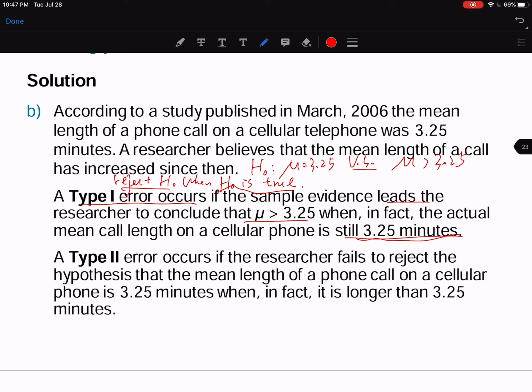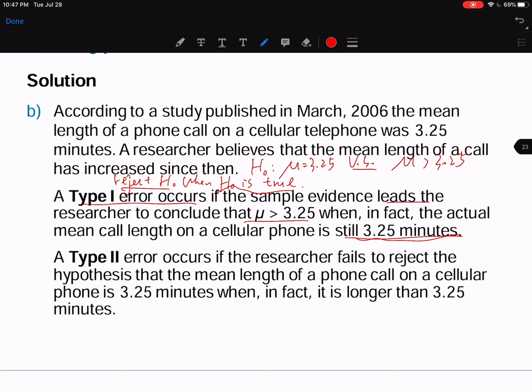All right, let's take a look at the type 2 error. A type 2 error occurs if the researcher fails to reject the null hypothesis that the mean length of a phone call on a cellular phone is 3.25 minutes when in fact it is longer than 3.25 minutes.